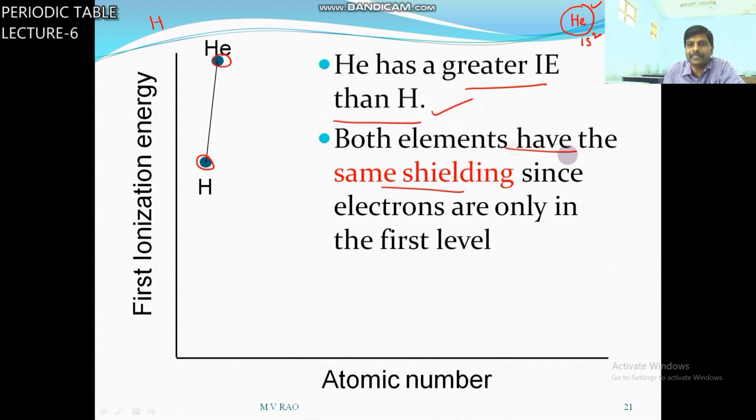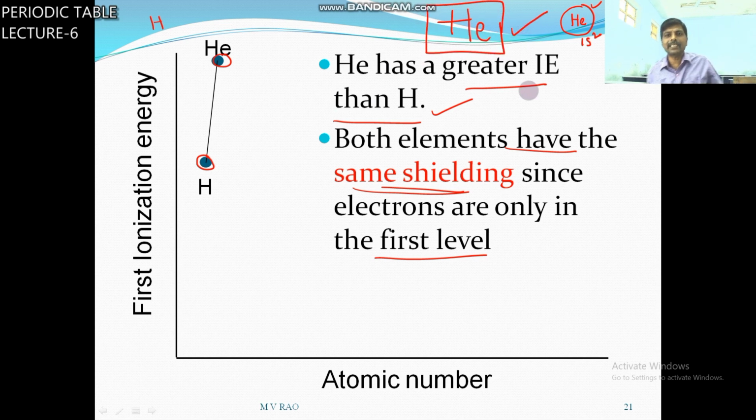Even though both are in the same period, same shielding effect, only first energy level, the IP value of helium is greater than hydrogen. Not only greater than hydrogen, in the entire periodic table, the element with the highest ionization energy is helium. The element with the highest first IP is helium.